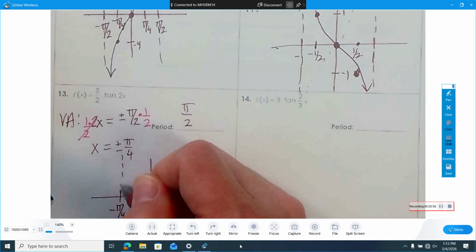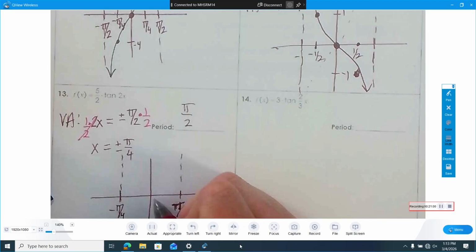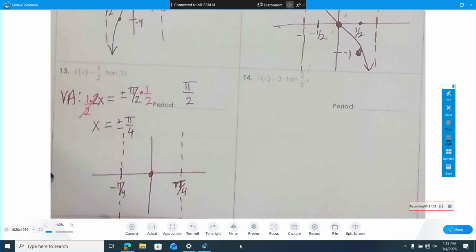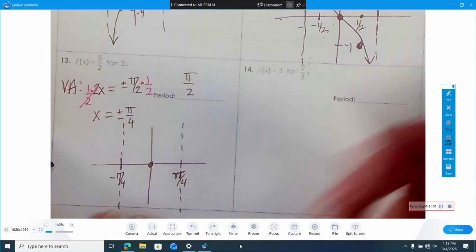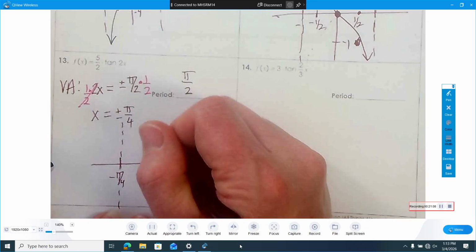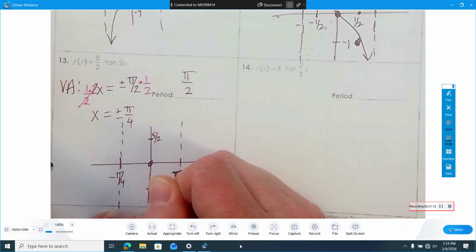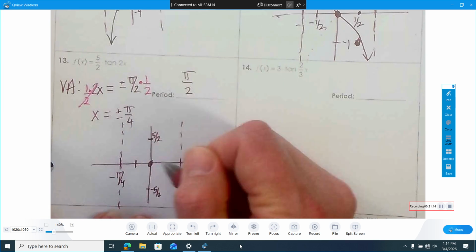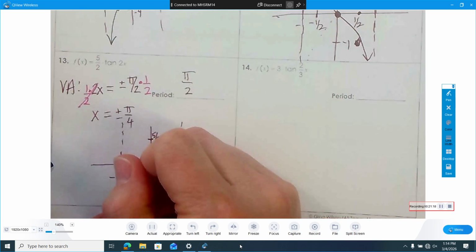So there's my asymptotes after they've been adjusted. My tangent graph goes through 0, 0. I'm going to call it amplitude, even though we don't really. What's my amplitude? Yeah, 5 over 2 and negative 5 over 2. What are my halfway points here? Pi over 8 and negative pi over 8. Very good.